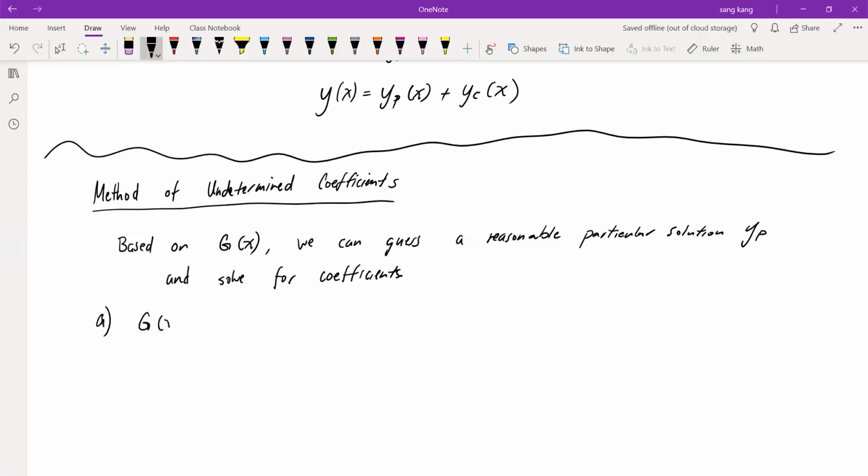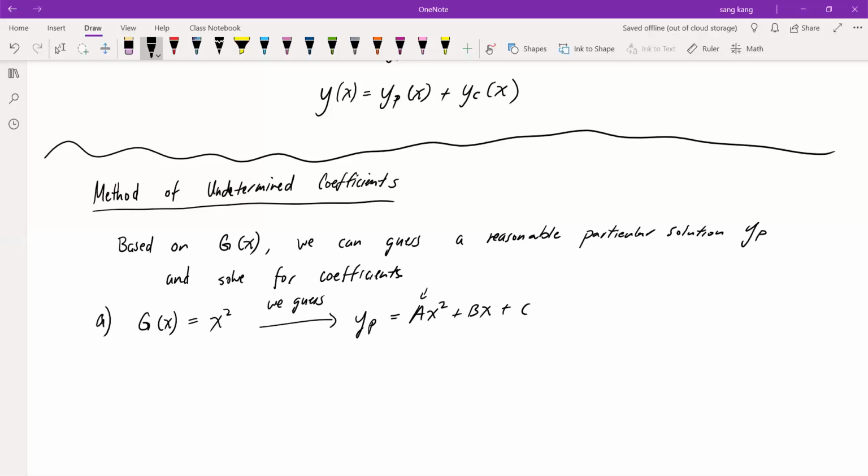So if our function g as a function of x is a polynomial, okay, we would guess that our yp would be ax squared. So we start with our highest degree polynomial with a coefficient in front, so bx plus c, all the way down to a constant.